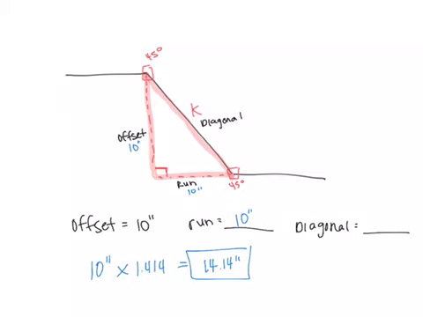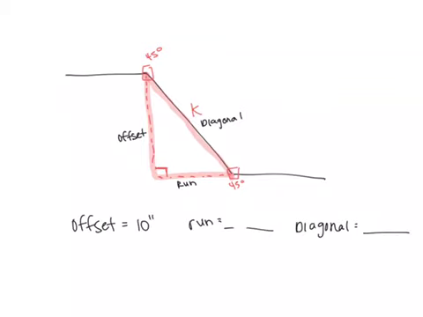What if we tried another one? Let's say instead of our run being 10 inches, what if it's given to us in feet? Let's say that our offset is 2 feet, 6 inches, which means our run is also 2 feet, 6 inches. Now, I don't have a construction calculator on me. If I did, I would just type 2 feet, 6 inches times 1.414, and I would get a number, and that would be my diagonal.